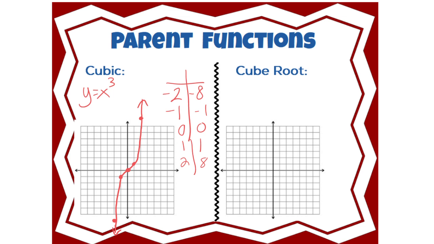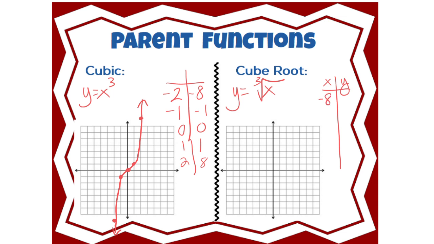Let's look at a cube root. The parent function looks like this. I'm going to make a table so I can have some idea of what this is going to look like. I'm going to hand pick some numbers that are going to work nice here. So I'm probably going to choose a -8.